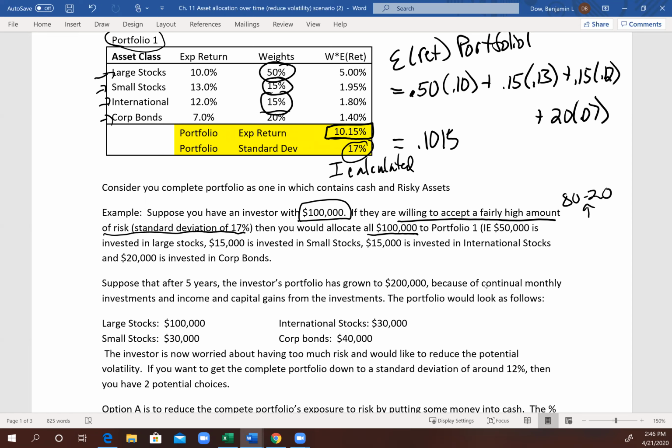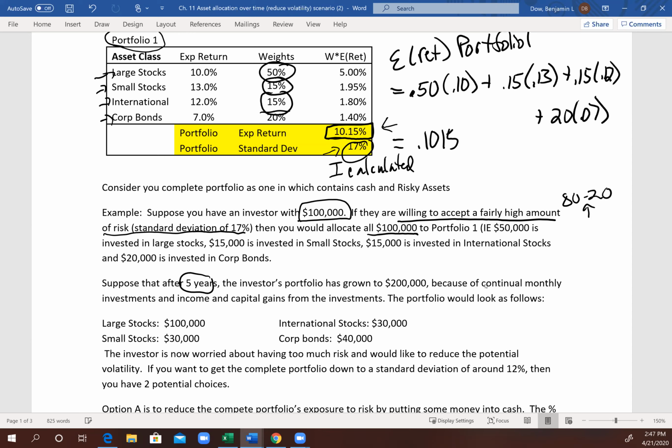I.e., you'd put 50,000 in large cap stocks, 15 in small, 15 in international, and 20,000 in bonds. All right. And this would be kind of the expected return and standard deviation that they would expect.